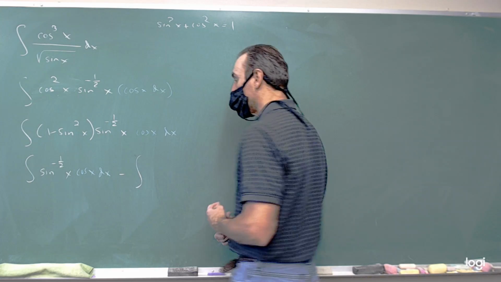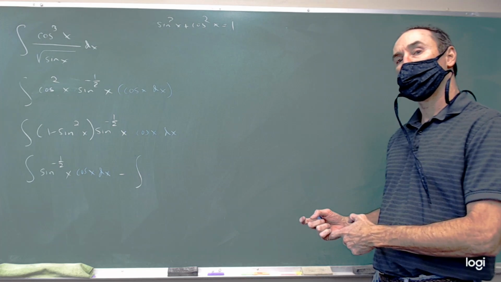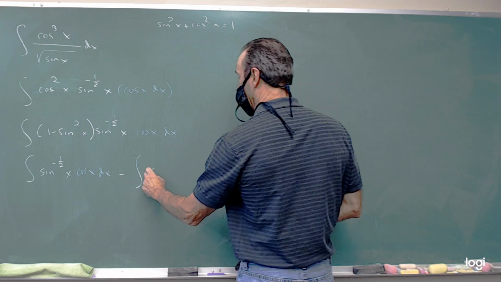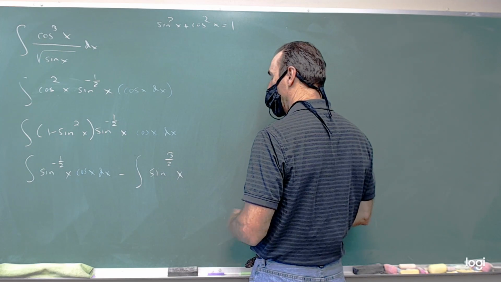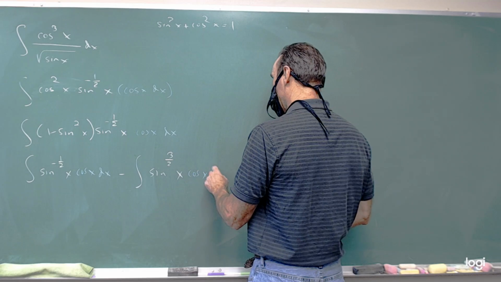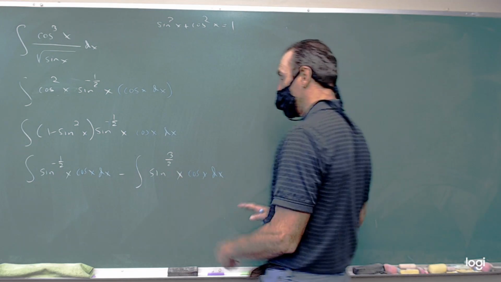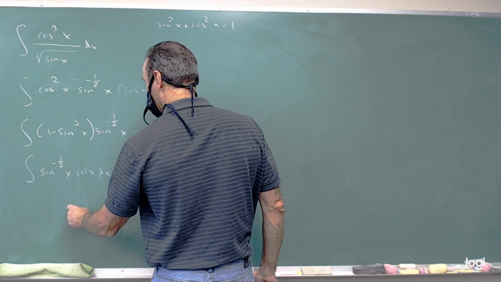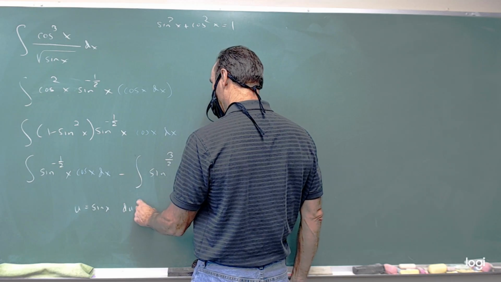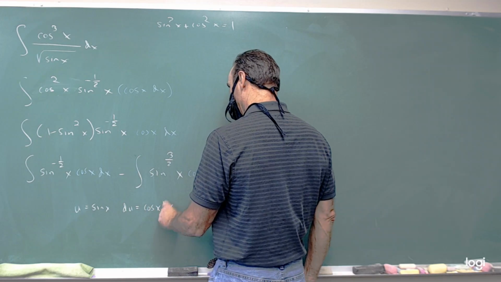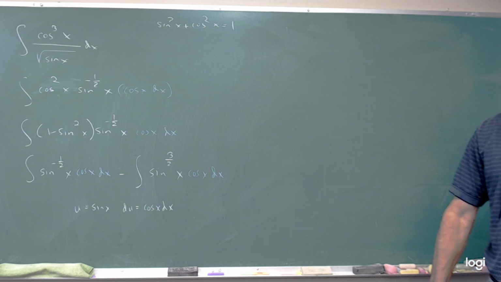And we'll get minus, and when we take the sine squared times sine to the negative 1/2, we add those exponents, making that sine to the 3/2 x, and we still have our cosine x dx. Now we can make the same u substitution for both integrals. u is going to be the sine, and therefore du is going to be that cosine x dx. That's the blue part that we saved off there.